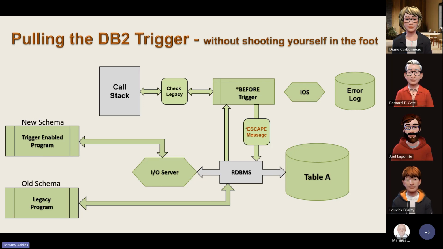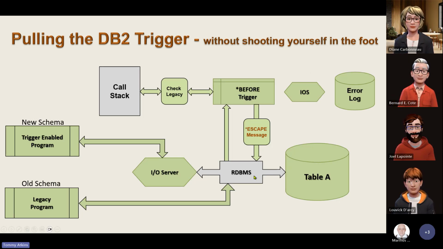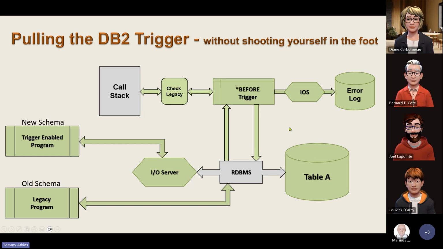If it's not a legacy program, it means it can handle the trigger, so we would send the escape message back. If it's a legacy program, we log an error message and then return a conventional response which will not crash this program. So that or that, depending on what the check legacy finds in the call stack.